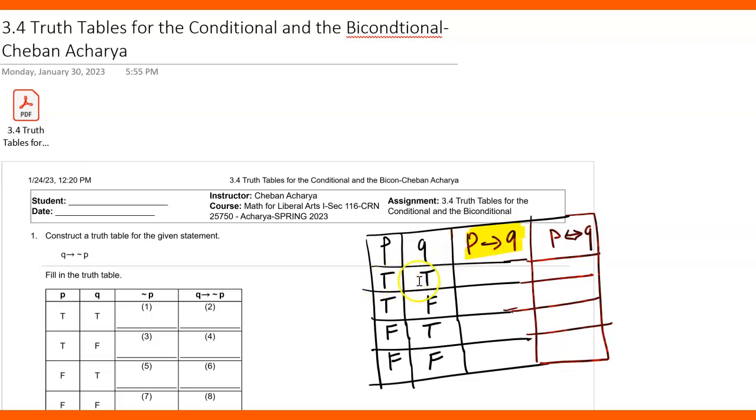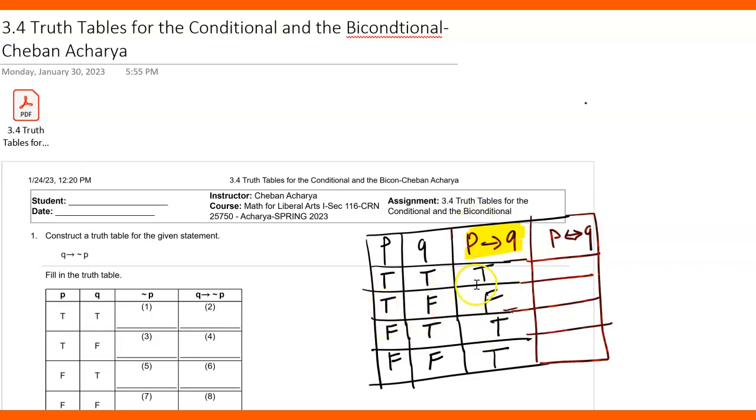True right arrow true, that means P is true, Q is true. Then T right arrow T is going to be T, true. T right arrow false is going to be false. False right arrow true is going to be true. False right arrow false is going to be true. What happens in a conditional statement is that it is only false if the if part is true, then the then part is false.